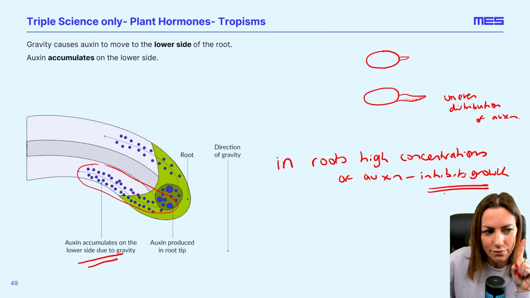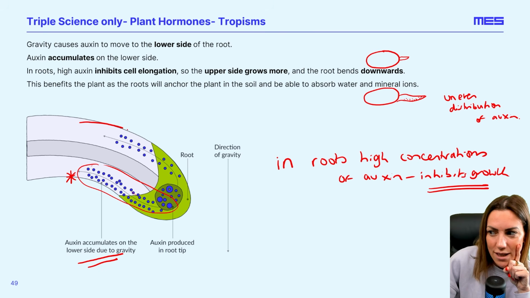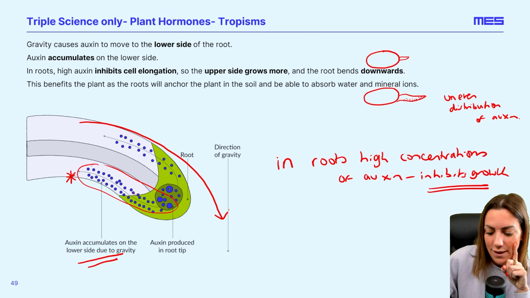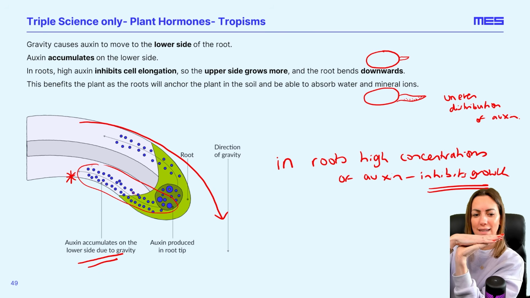Okay? So what's going to actually happen here is the upper surface of the root will grow faster because the lower surface of the root growth is being inhibited or restricted by auxin. So the upper surface will grow faster. And again, I'll show you with my hands. If the upper surface grows faster, it's going to cause the root to bend down towards the stimulus, which is gravity.